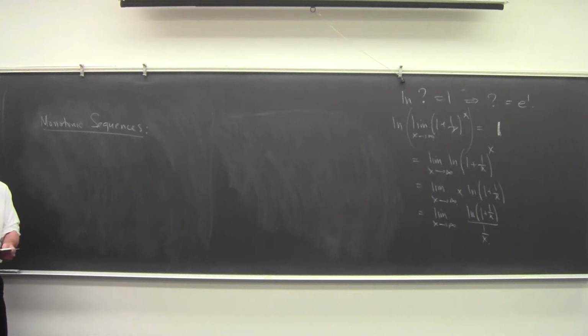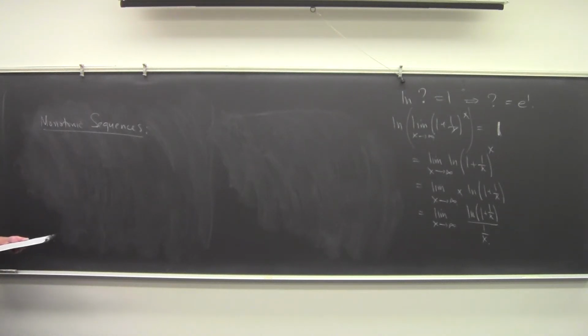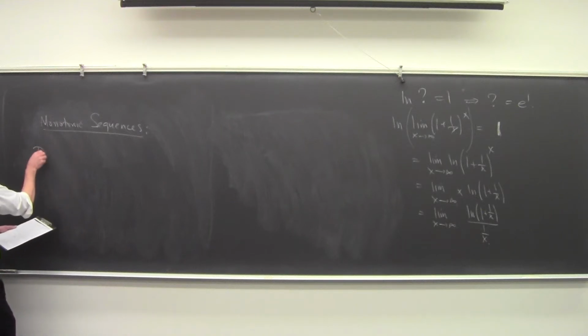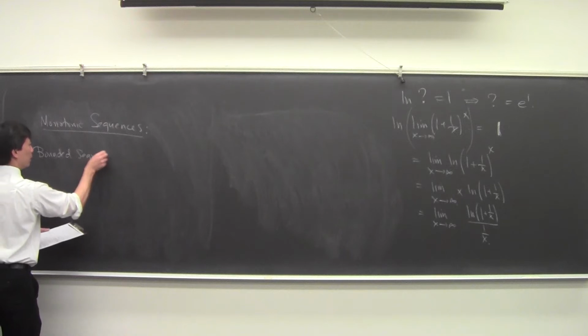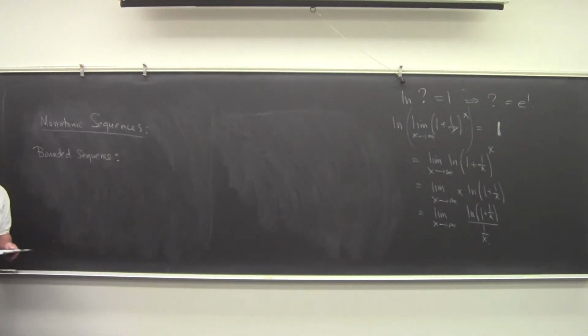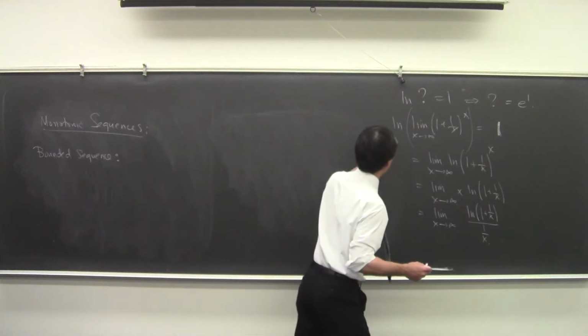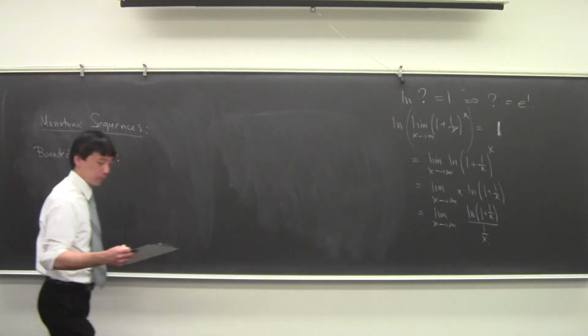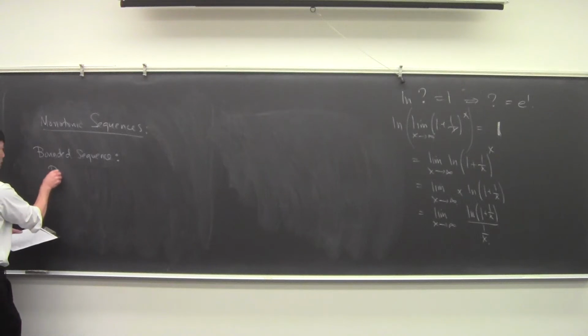Okay, so we first start off with something called a bounded sequence. We haven't gotten to monotonic sequences yet, but we'll get there in a second. So here's the definition.